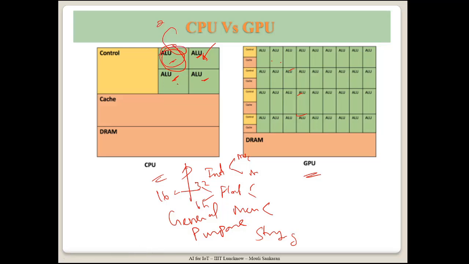So you cannot have a large number of ALUs of CPU type in a CPU processor. And control also is complex because it has to manage many instructions, hundreds of instructions. That means the control logic is also very large in terms of digital design.